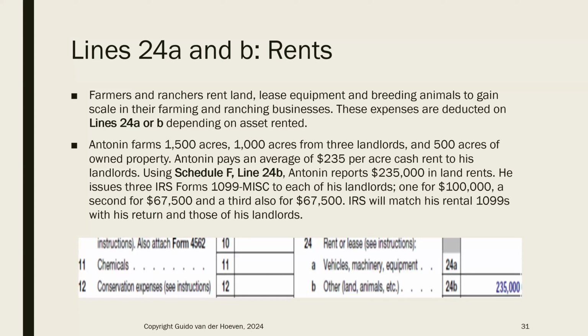And he's going to issue 3 IRS Form 1099 miscellaneous, one to each of his landlords, one for $100,000 and a second for $67,500 and the third one for $67,500. The point here is anything over $600 for rent, he's going to have to issue that 1099 miscellaneous, and IRS is going to match the rental 1099s.